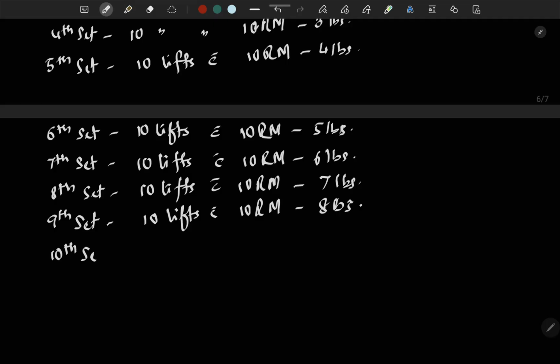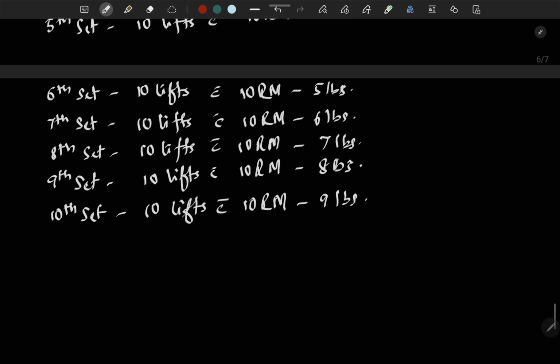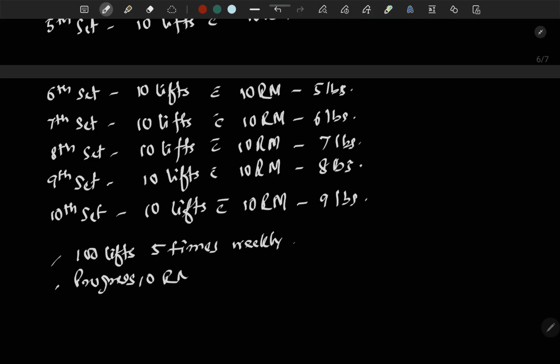And 10th set is 10 lifts with 10 RM minus 9 pounds. Here 100 lifts, 5 times weekly, and progress 10 RM daily.